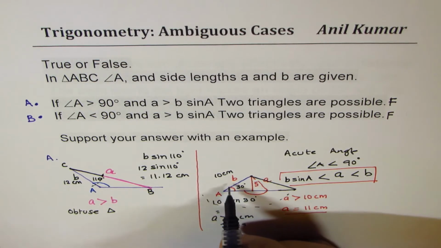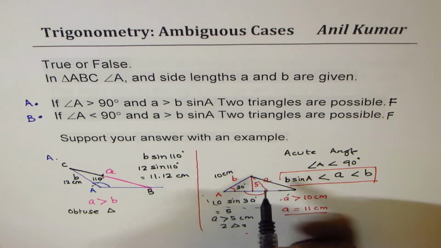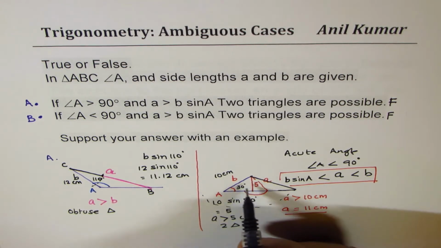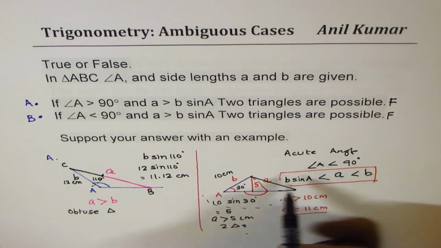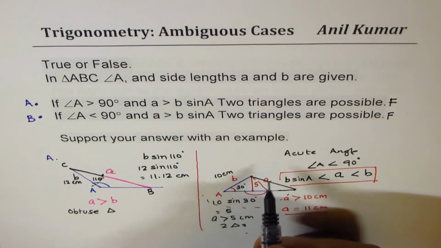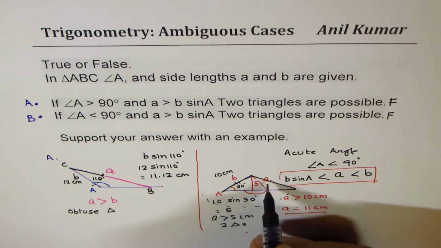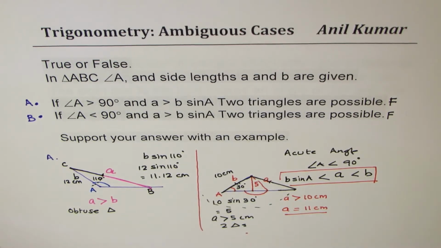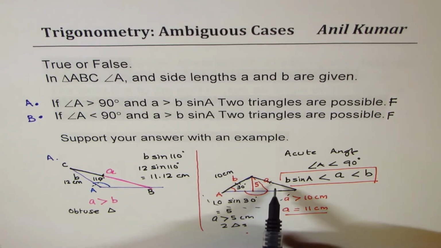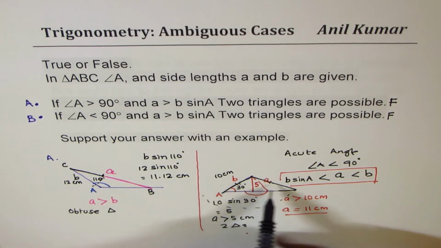So if A and B both are equal, that means 10 centimeters is here, then you have the same triangle. Do you see that? If I have that, then they become equal. Isosceles triangle. Correct? So it will be a condition like that. But not two triangles, only one triangle.